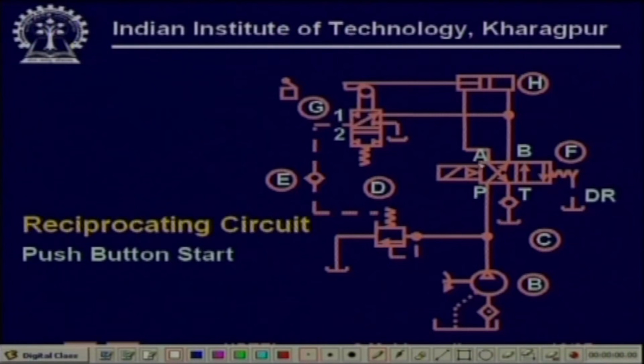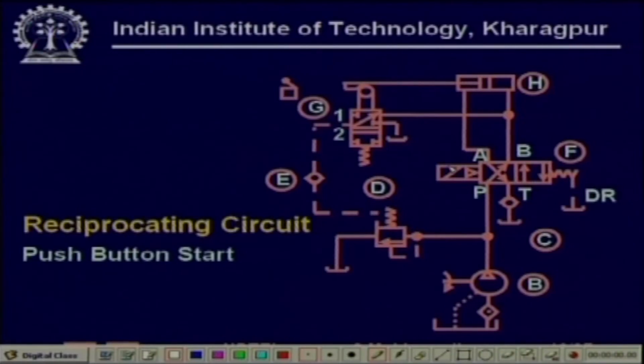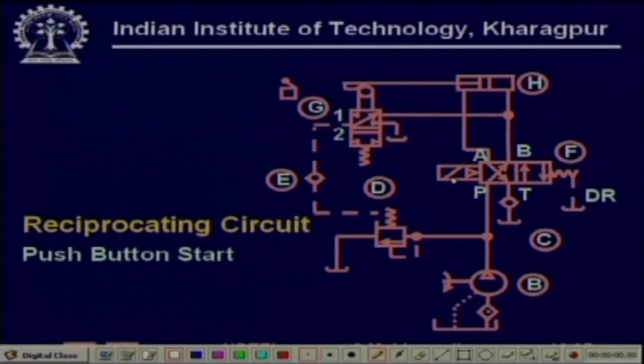So, this coil has to be connected in such an electrical circuit such that it can be switched off by this limit switch, as we have seen at the end of the extension cycle, and it can be switched on by a push button. So, every time you want to start one extension retraction motion, you need to switch on this solenoid. So, when you switch it on, again this shifts to the left, right.